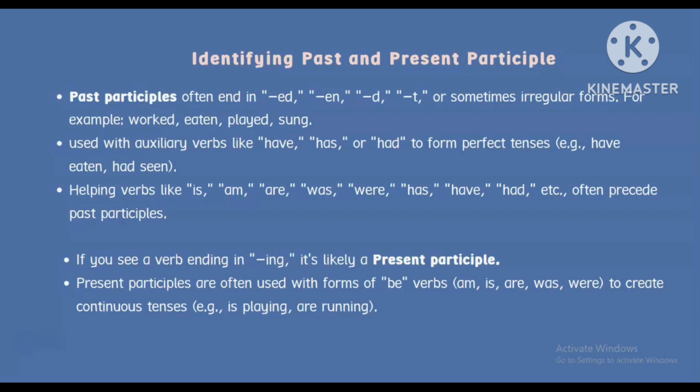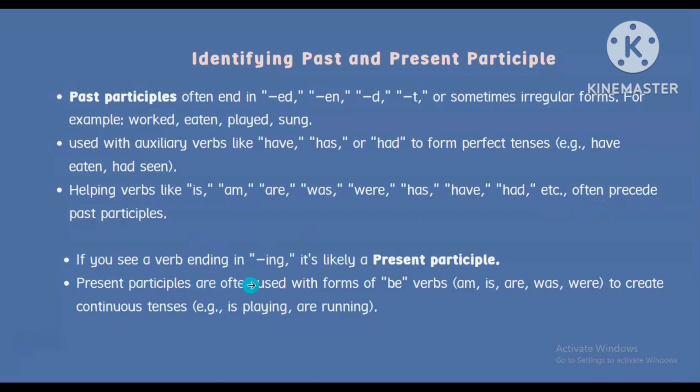They are used with auxiliary verbs like have, has, or had to form past tenses. Auxiliary verbs like is, am, are, was, were, has, have, had, etc. often precede past participles. Now let's see the features of present participle.